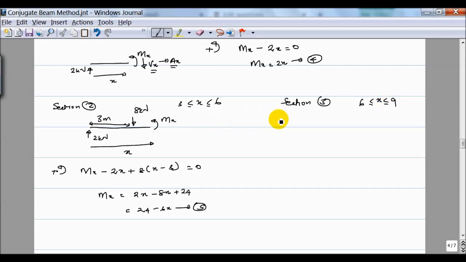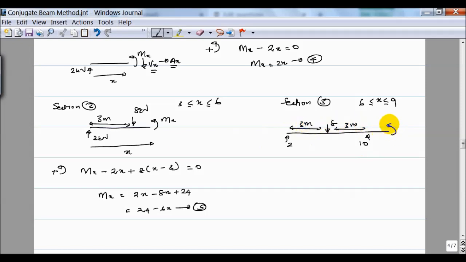In that range, a typical section would look like this: 2, 8, and then you have 10. This is 3 meters, 3 meters.